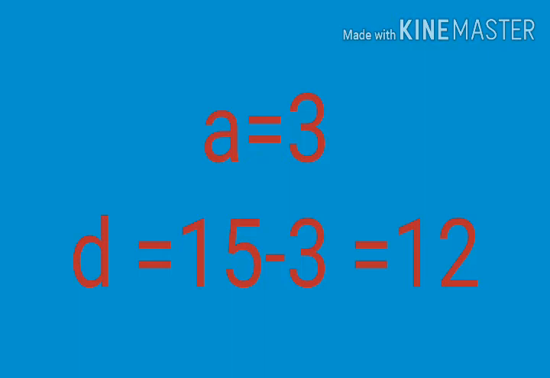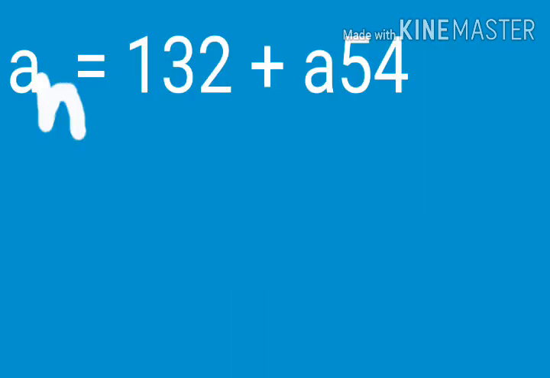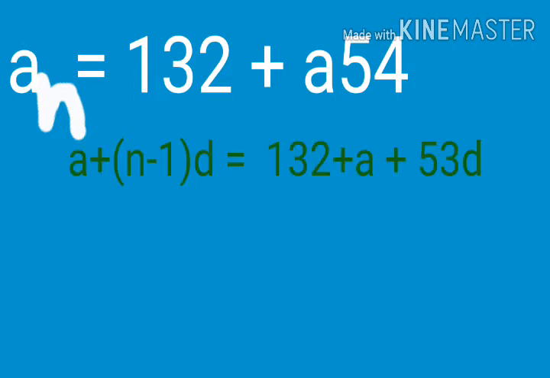Then we can take an is equal 132 plus 54th term, that is A54. So 132 more than its 54th term means an equal 132 plus A54. So we can substitute the value of A54 as A plus 53D. An we can substitute as A plus n minus 1 into D.